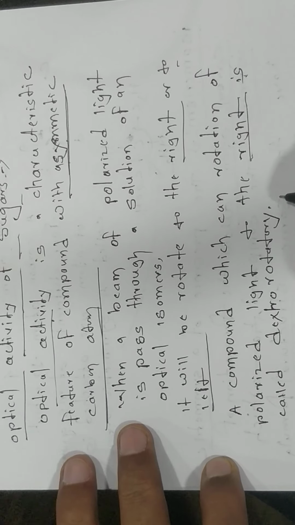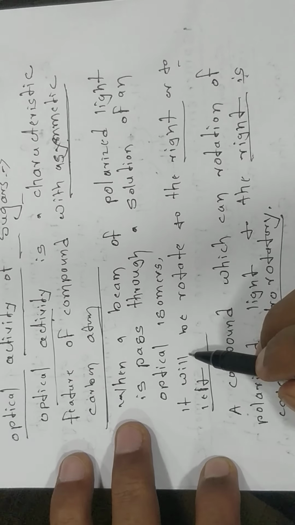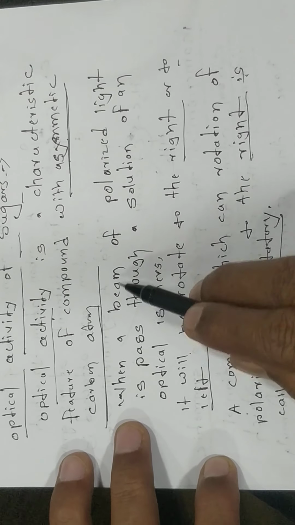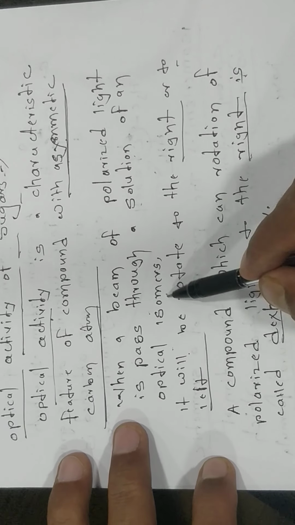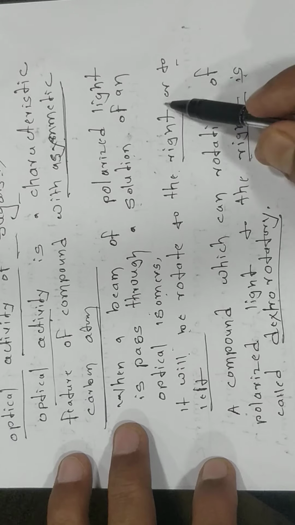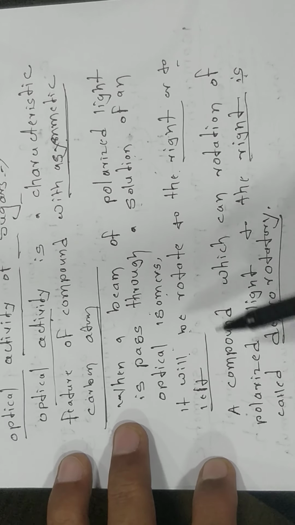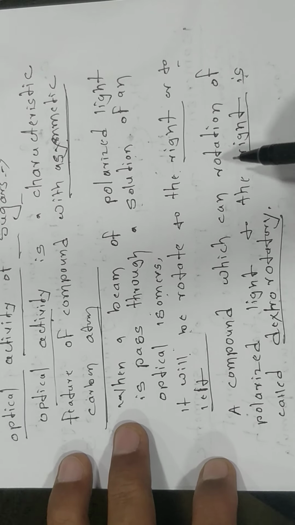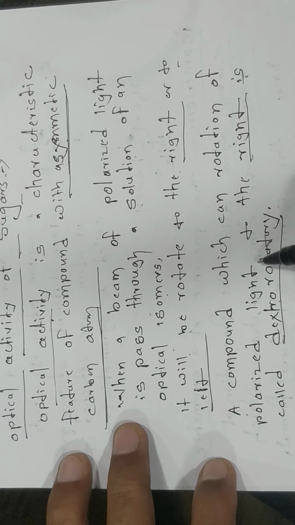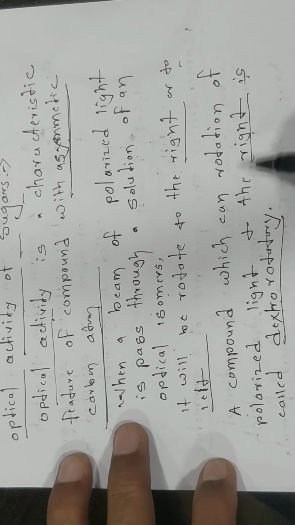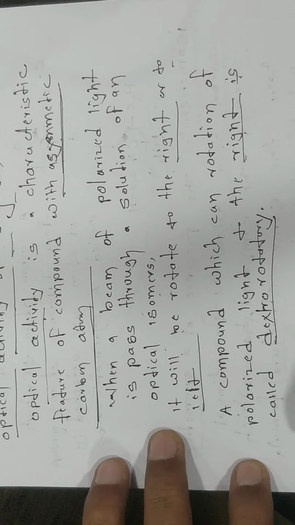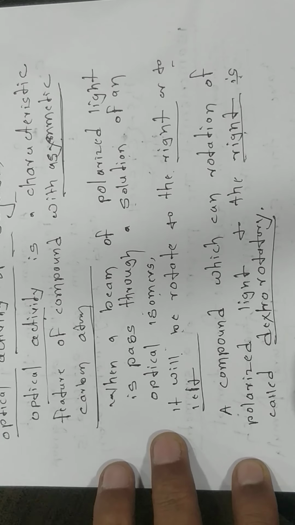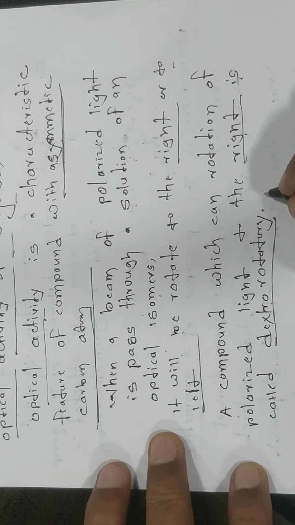Dextrorotatory. Okay, see, earlier I told you when the beam of polarized light is passed through the solution of an optical isomer, it will rotate right or left. Now the first: the compound that rotates plane polarized light to the right side is called dextrorotatory, and it is always denoted with a positive sign.